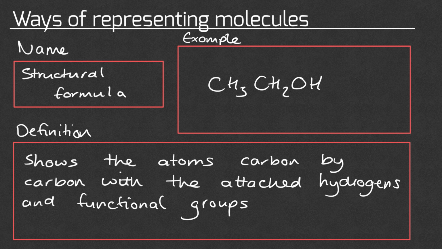So for example, this would be the structural formula for ethanol again. We can see it gives us a lot more information than the molecular formula. We can see we start off with CH3, which is bonded to a CH2 and an OH. So the structural formula is a very quick way to get an idea about what the structure of that molecule is.